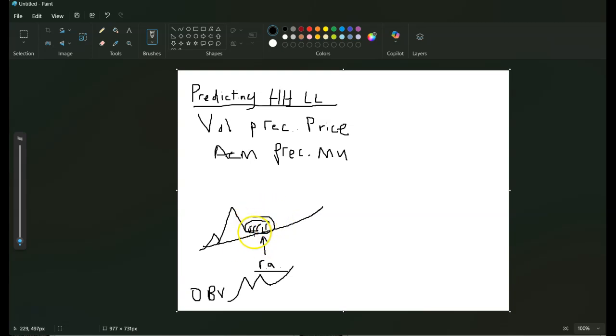So while price is stuck here, OBV will break out and make a higher high. It'll make a high here, and it'll precede price in making a higher high here. So that reaccumulation is detected by just watching the green to red ratio, which will lead to unbalanced volume breaking out and making a higher high. On the pullback, it will break out prior to price, and that's volume precedes price.